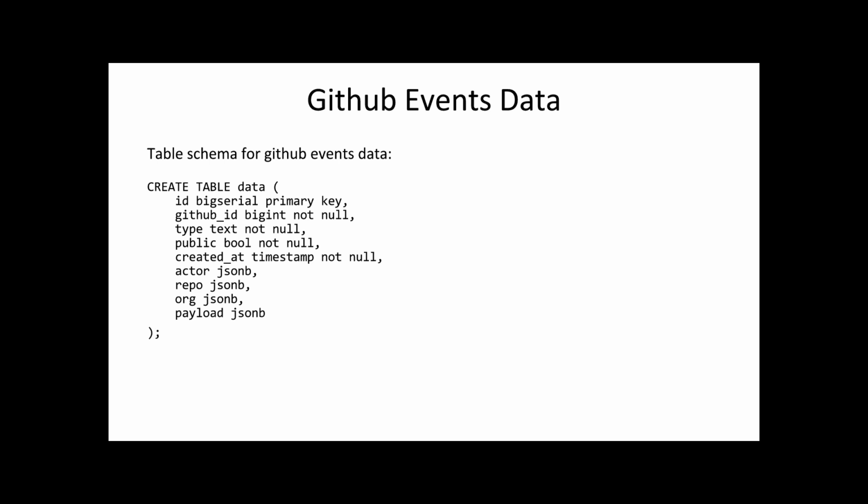If you look at the JSON objects, they all have the same fields, which is something like the GitHub ID and the type and the timestamp at which the event occurred, and then the user, the repository, organization, and then payload, which contains details of the event. So we wrote a tool that extracts this information from the JSON object and then can load it into this data table and make it a bit more practical to use.